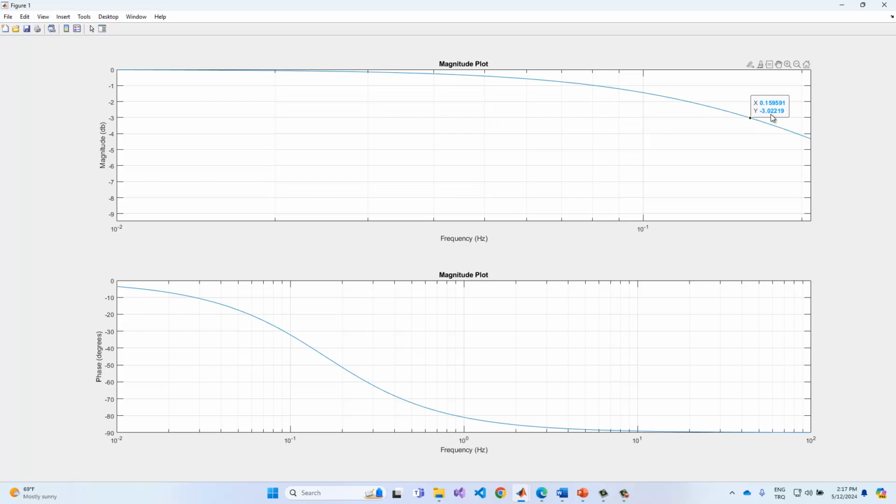For example, this is the -3. This is half of the whole power of these things in here. And so the 0.15 value is the cutoff frequency of our signal, with the ratio of the what? Half of the power transmitted to another place.